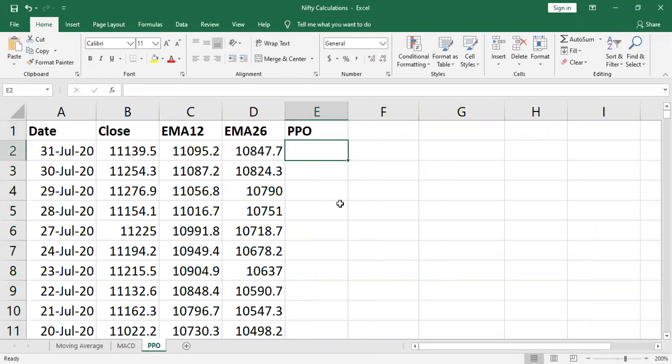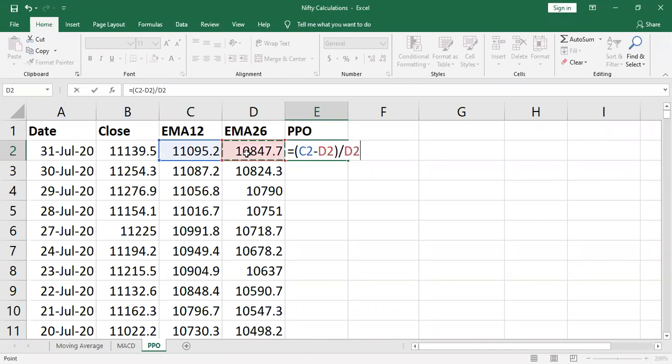Now we are calculating the PPO. The formula is PPO equals the fast moving average less the slow moving average, divided by the slow moving average.